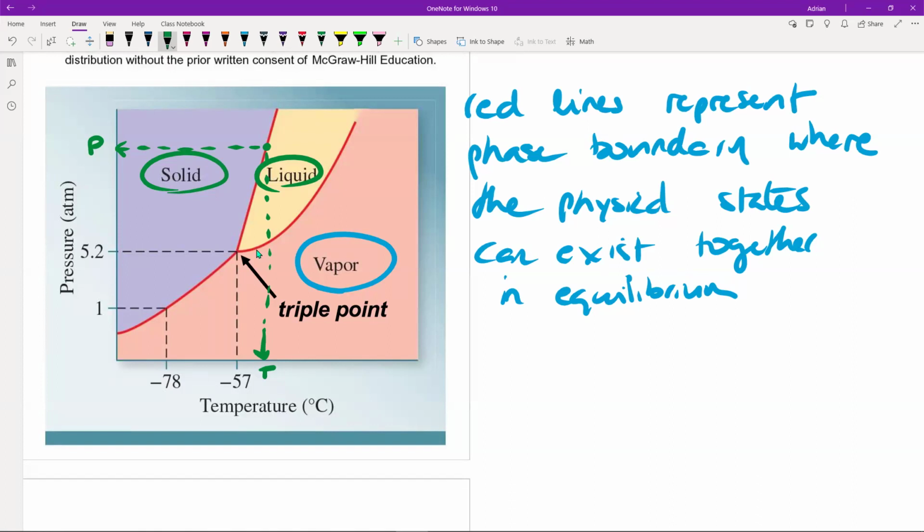Each of the lines, they do intersect at one region that's known as the triple point. So in this case, that's this region here. And what the triple point is, just like with the other lines that we've seen before, this is where all three of the phases, solids, liquids, and gases, exist in combination or exist together in equilibrium.